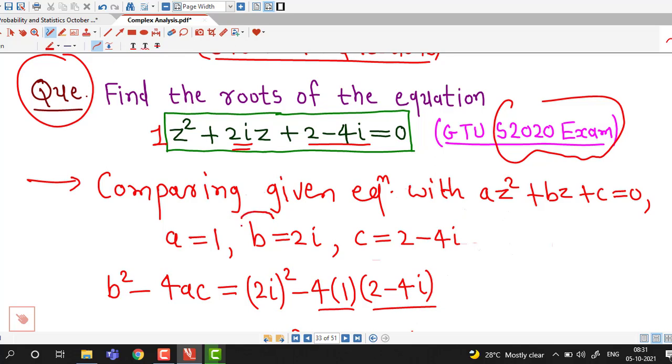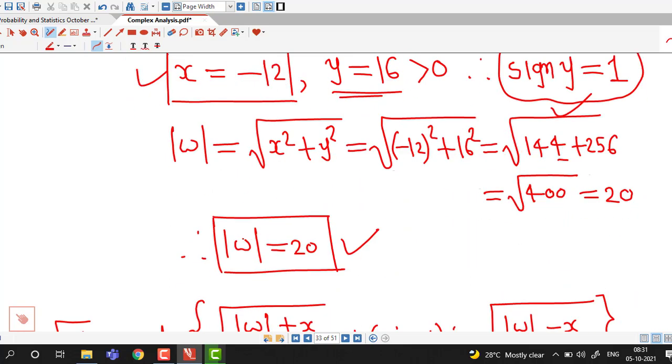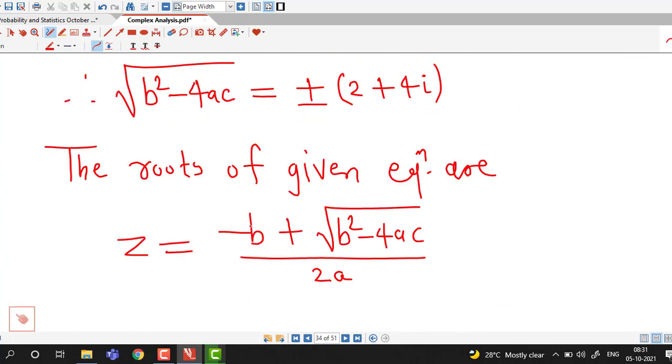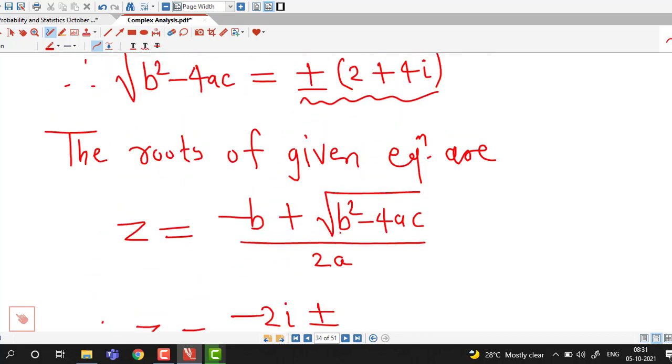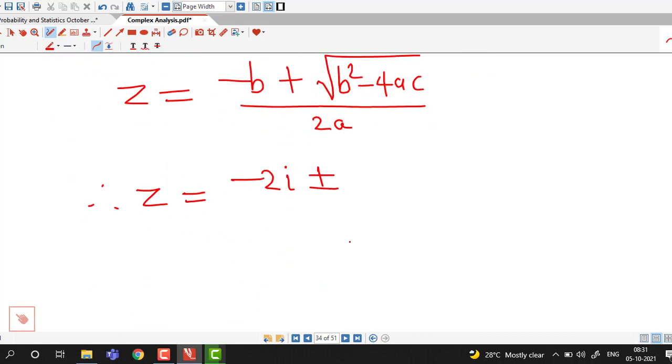So b is 2i and a is 1. So b equal to 2i, a equal to 1, and we have obtained that the square root of b square minus 4ac is plus or minus (2 plus 4i). So b is 2i, so here I write minus b, which is minus 2i. Square root of b square minus 4ac is plus or minus (2 plus 4i), and value of a is 1. So here we have 2 into 1.